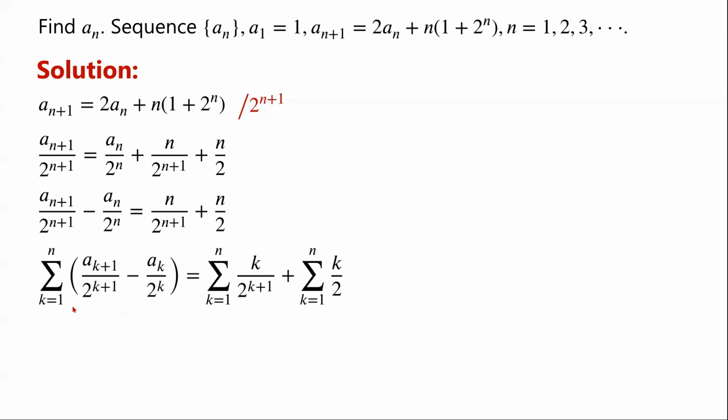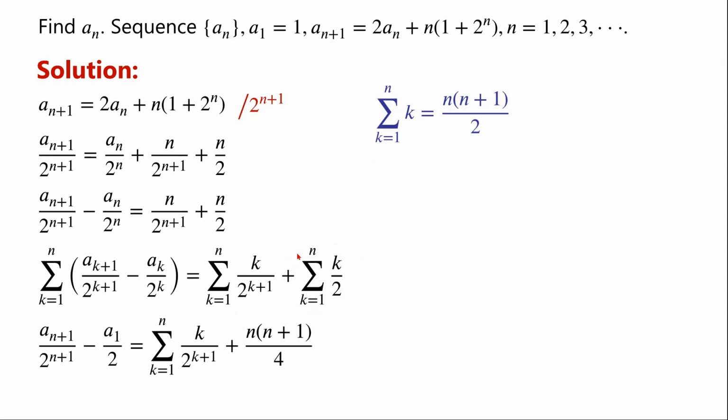Now we sum this from k equals 1 to n. We know that sigma k equals 1 to n of k equals n times (n plus 1) over 2. So sigma k equals 1 to n of k over 2 can be written as n times (n plus 1) over 4.